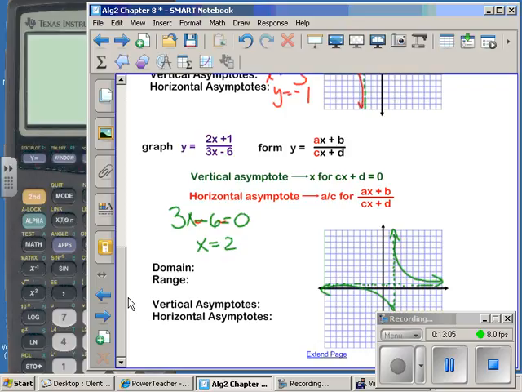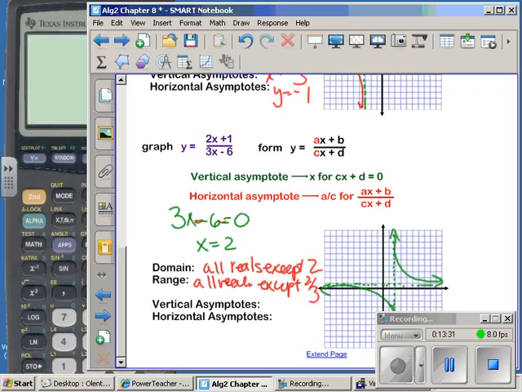Alright, and the domain for this function? All reals except 2. And this range would be all reals except 2/3.